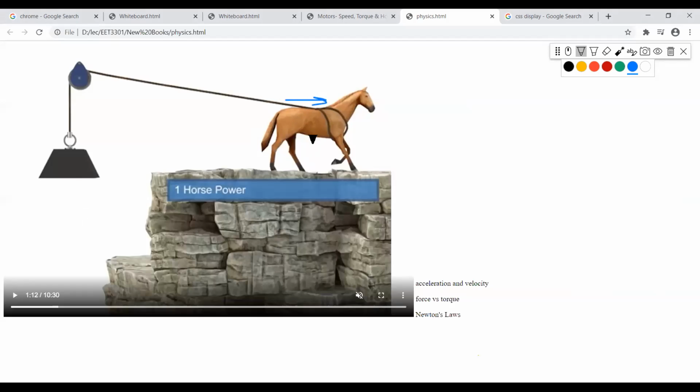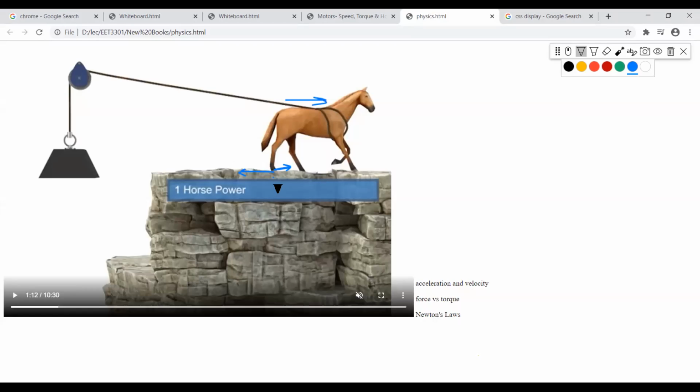In that, how it is happening is there are friction forces, right? On the horse and in between the horse's legs and the floor. So on the floor, the friction forces would act in this direction. On the horse, it would be in the other direction, right?